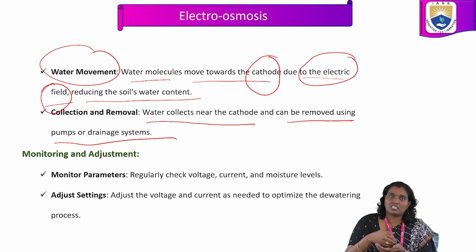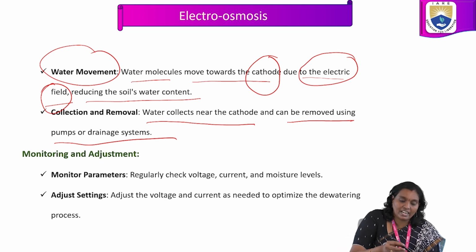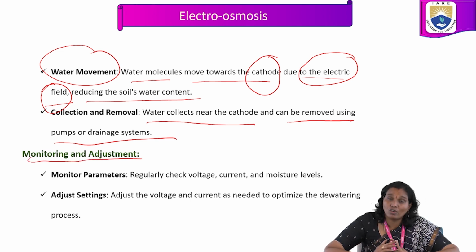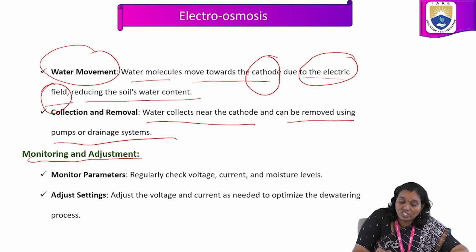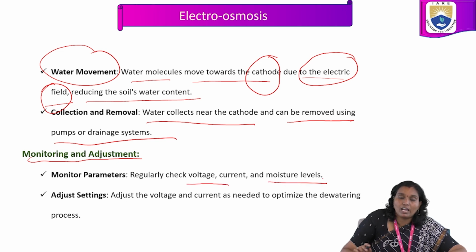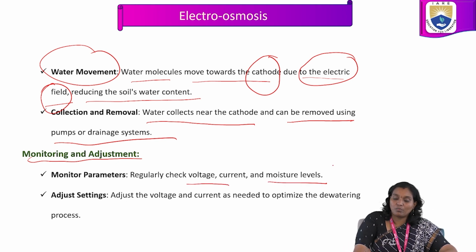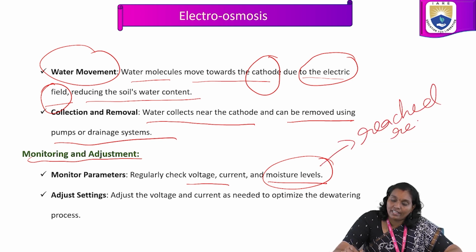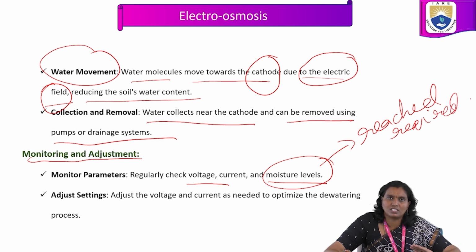The next process is monitoring and adjustments. In this monitoring and adjustment, monitor parameters: regularly check the voltage, current and moisture levels. This is one of the important things, because once the moisture levels reach the required value, we are going to stop this process.